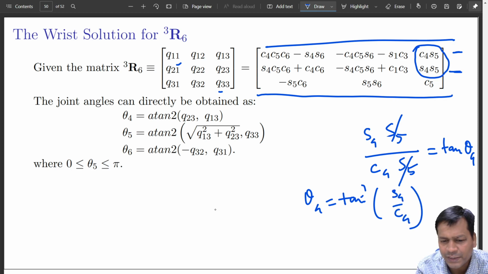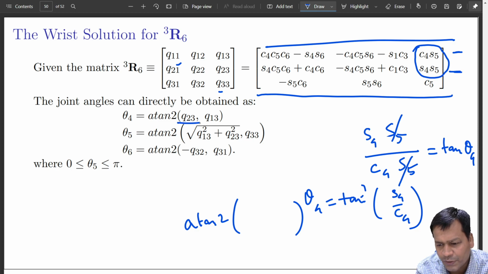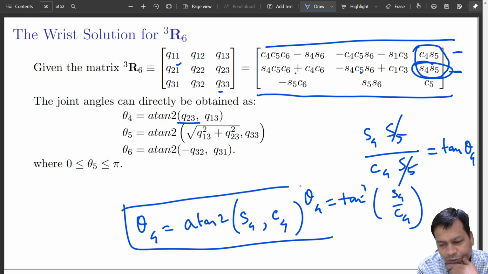It can be written as arc tangent, as atan2. You know why? So this is equal to simply Q23, Q21, Q22, Q23 for this S4 and C4. So this gives you theta 4. That is what is written here.